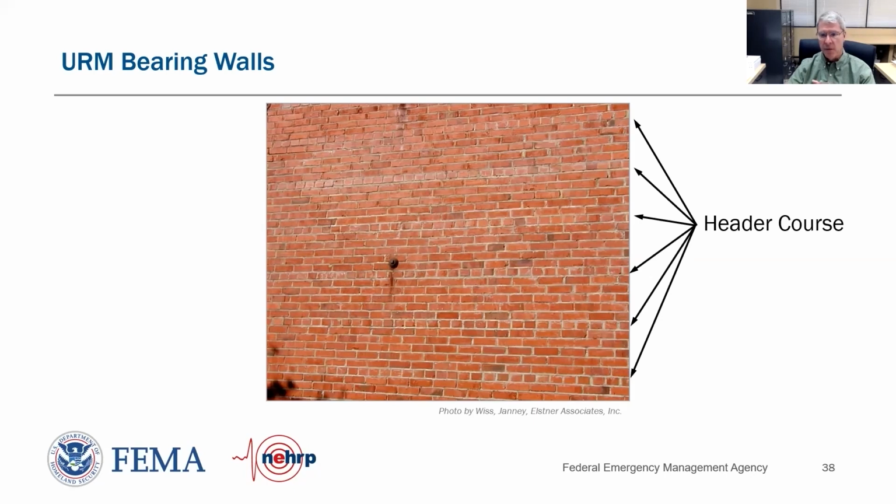Again, it's all unreinforced, but it's tying those wythes together when they turn these bricks. And the shorter end of the brick is clearly evident at the exterior to give you a pretty good telltale sign that, yeah, that's an unreinforced masonry building, and that's how we should score it in a P-154 evaluation.